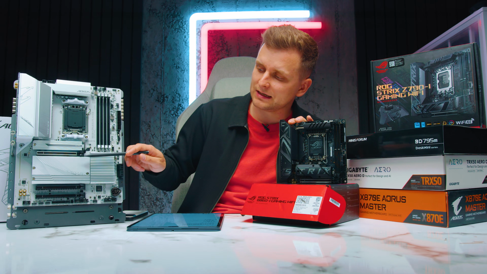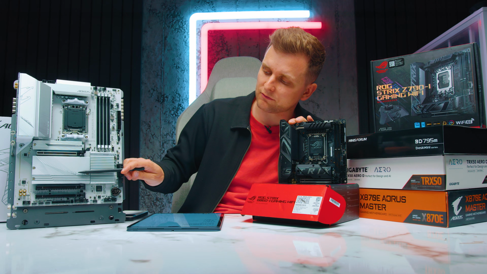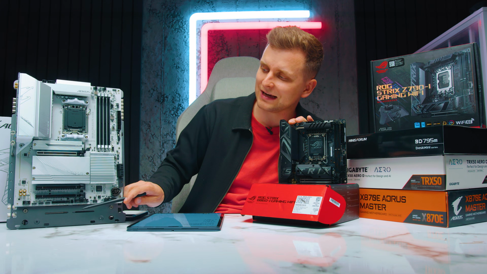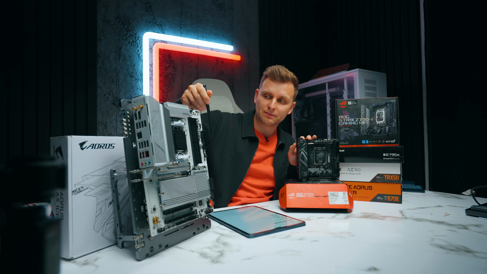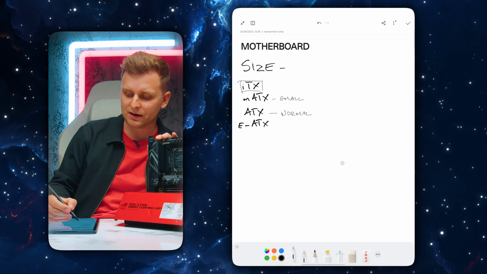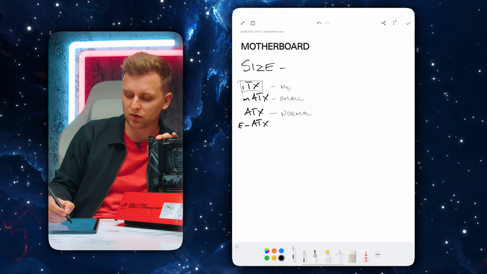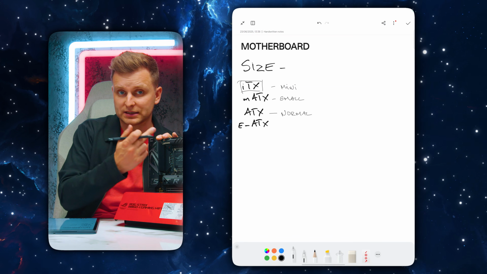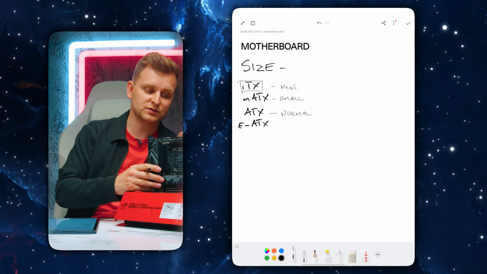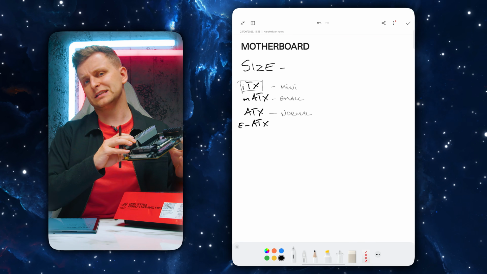It chops off everything from roughly around the bottom here, so you won't have as many PCI slots. It doesn't go as low, but it's still the same width from left to right. And then we have ITX, which I would call mini motherboard size, for the smallest PC cases.